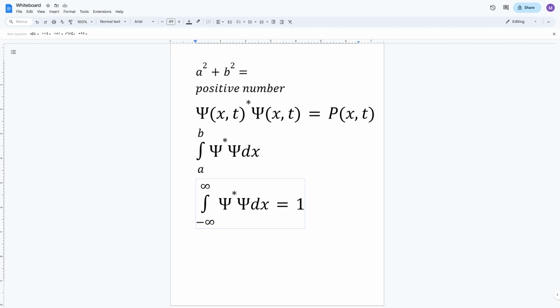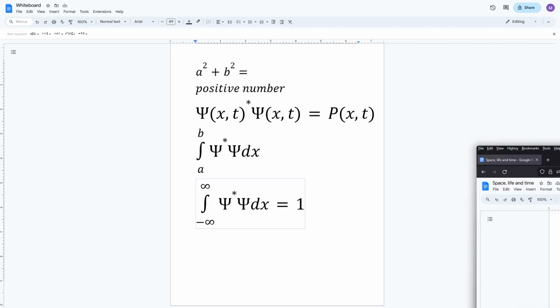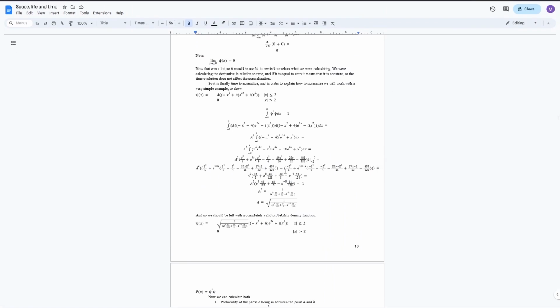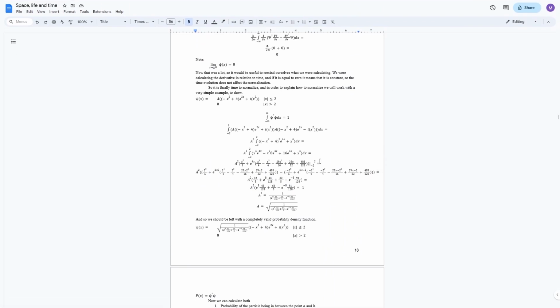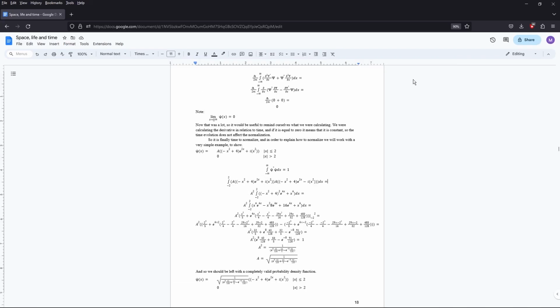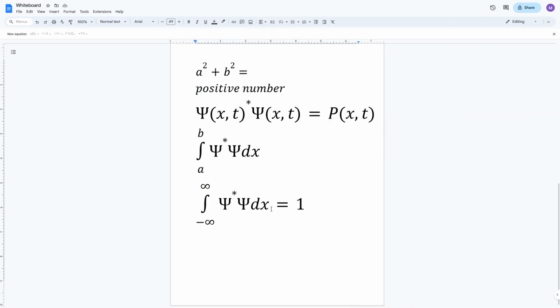Let me just show you my paper note thing called Space, Life and Time real quick. Over there I have this example right here for how you normalize an equation. Why? Because when it comes to this right here, this always has to be equal to 1. What this basically tells you is the probability of finding a particle in general, right?